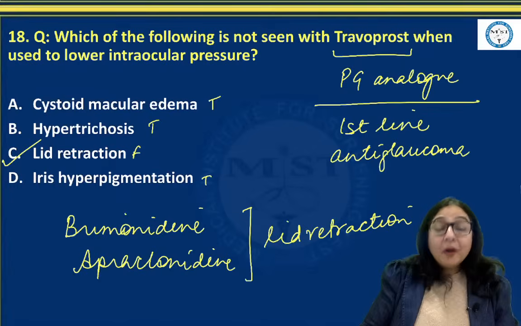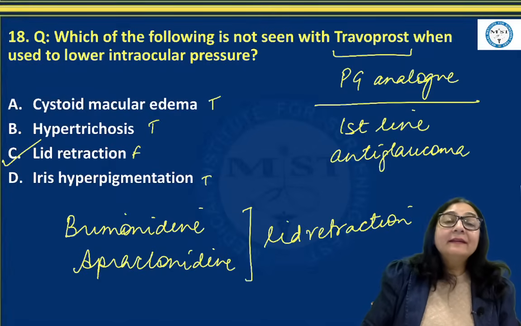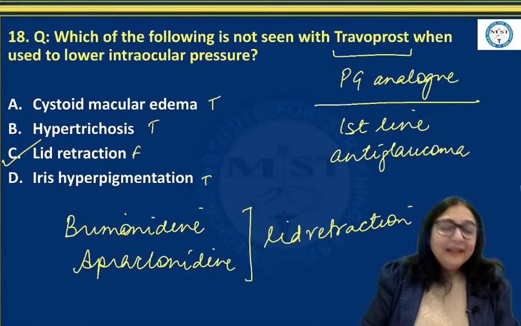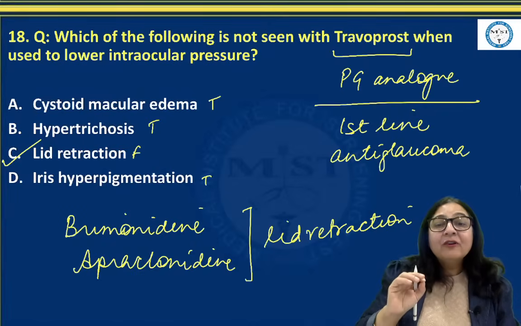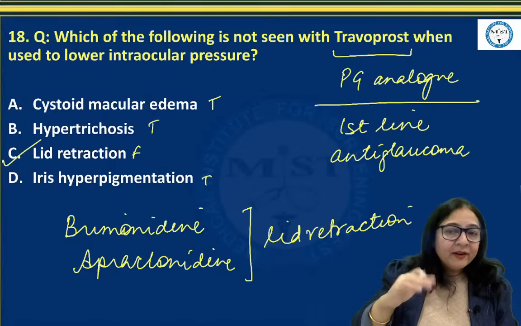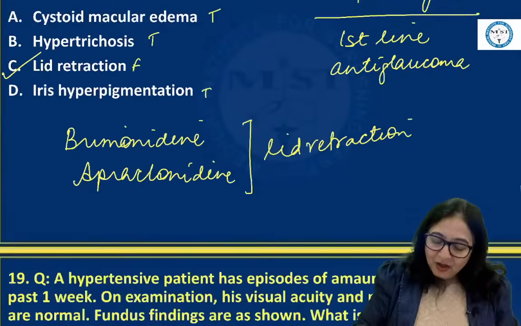Brimonidine is one of the commonly used anti-glaucoma drugs. So both of these are associated with the side effect of lid retraction. So the side effects of anti-glaucoma drugs and the mechanism of action of anti-glaucoma drugs, please have a quick recap before your exams.